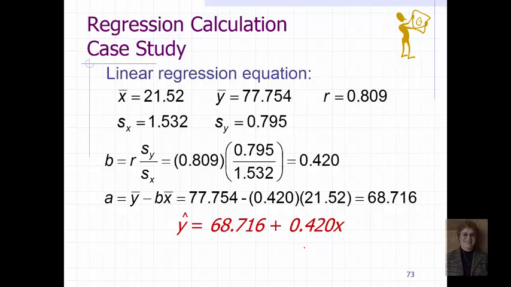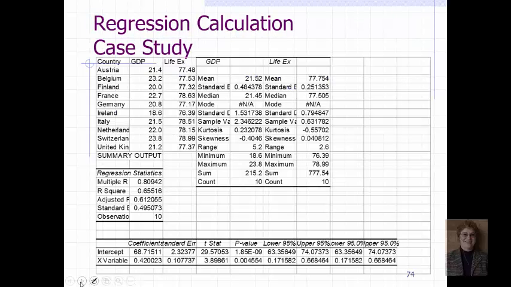We'll get this same thing if we do it with technology, and that's what I have on the next slide. This is using Excel, and again, here is my y-intercept, and here is my x variable.